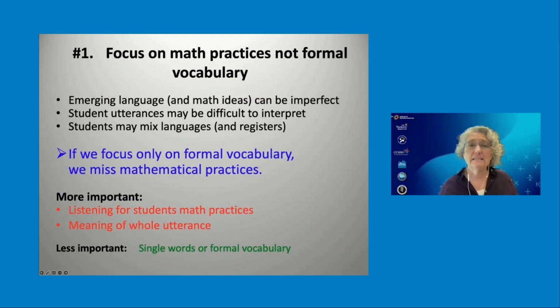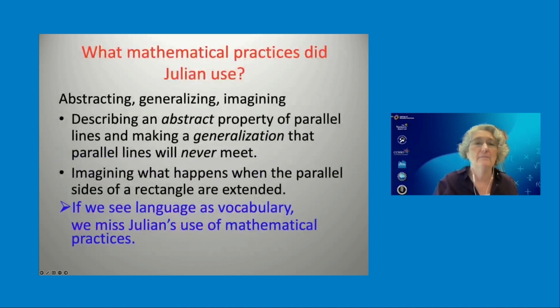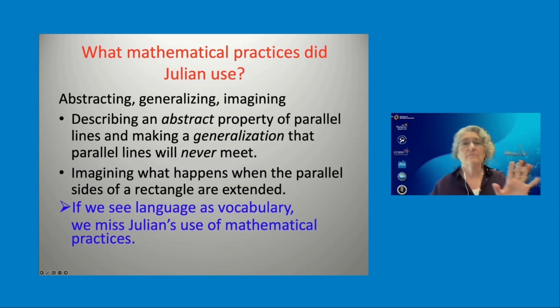Focusing on the math practices instead of formal vocabulary means that it's more important to listen for student math practices and to look at the meaning of the whole utterance. It's less important to focus on single words or formal vocabulary. So what math practices did Julian use? I see at least three: abstracting, generalizing, and imagining.